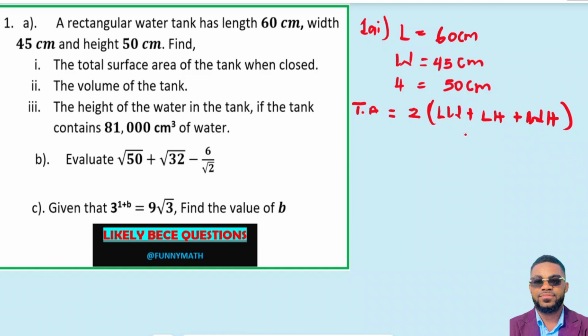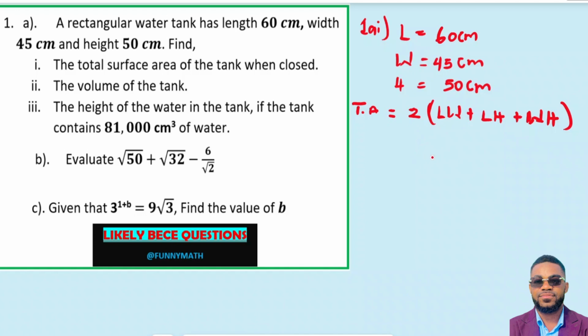That's a simple formula. It's like we are just pairing the letters here. So you see I paired L and W, that is LW. I also paired L and H, and W and H. So that's a simple way. And remember to multiply by 2.